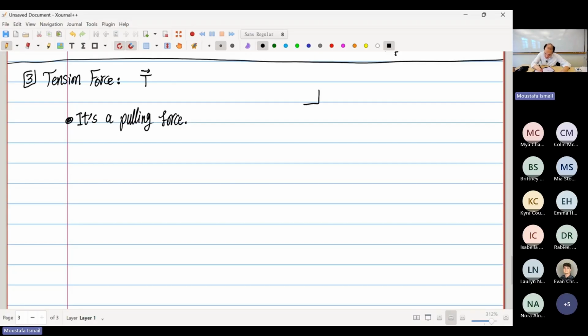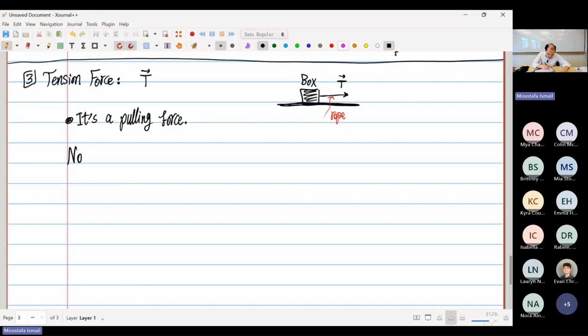Let's say there is a box, and this box is attached to a string, and it's on the ground. So it's being pulled by a tension force T. This is a box. This is a rope. It exerts a tension force T, a pulling force. Again, the agent is the rope or the string.